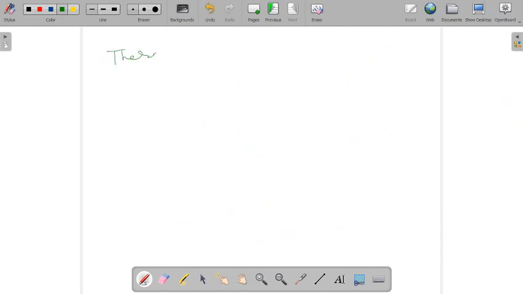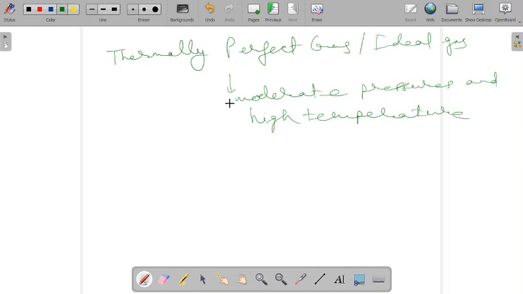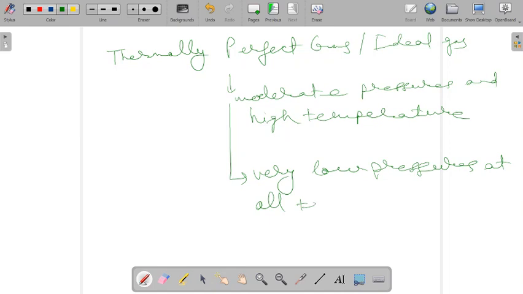So I can say that a thermally perfect gas or ideal gas will be applicable for moderate pressures and high temperatures, and at very low pressures at all temperatures.